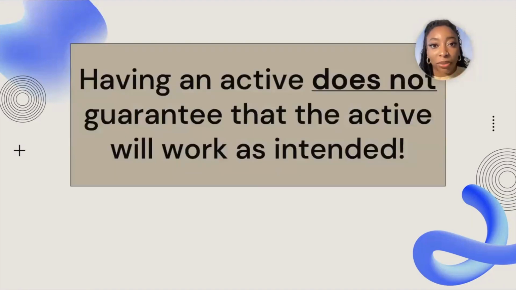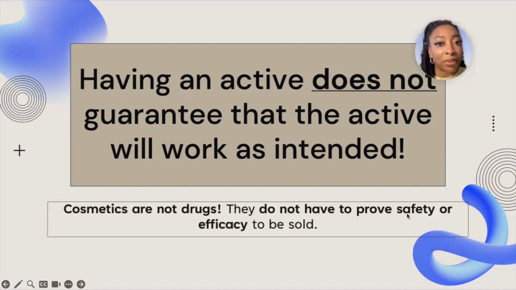Having an active, even if it's well studied, does not guarantee that that active will work as intended. Earlier, we went through the difference between cosmetics and drugs and discussed how drugs have to show proof of efficacy and safety to be approved for sale. Cosmetics do not. There are biological and chemical factors that can influence the efficacy of a topically delivered active.